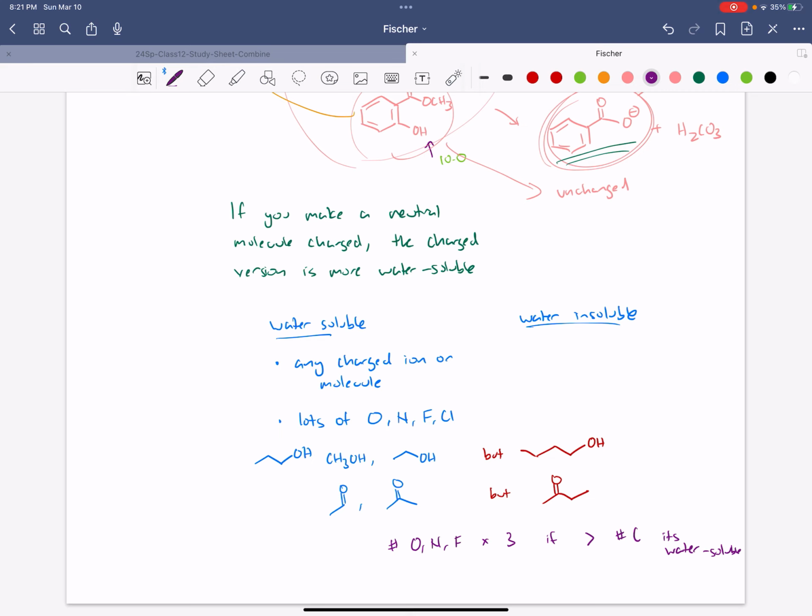Now, if carbon is vastly outnumbering your oxygen, nitrogen, fluorine, even if you multiply by 3, carbon is still greater than, then we're going to say that it's probably water insoluble.